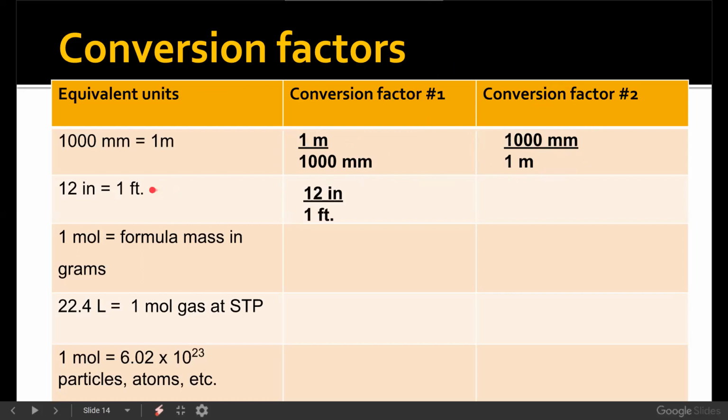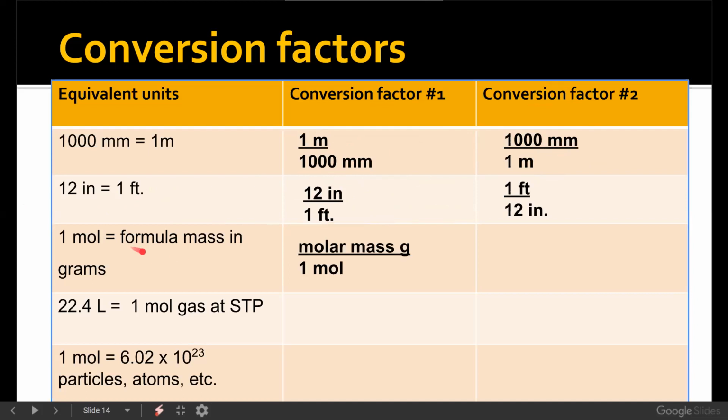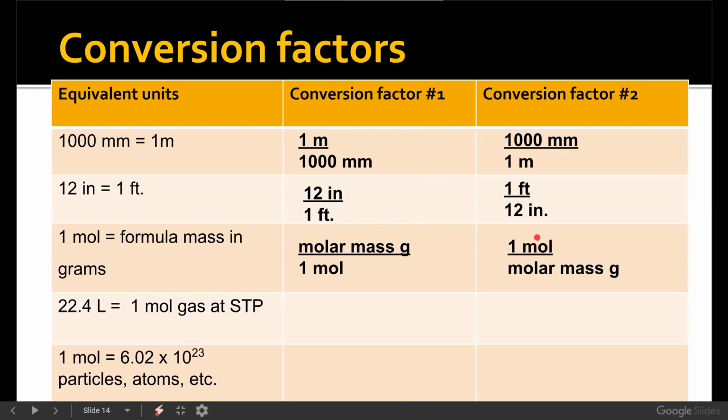Same thing with inches. You have 12 inches in a foot, and it doesn't matter how you write it because it equals the same thing. It's the same thing that happens with our molar mass, that number you find on the periodic table. 1 mole is equal to that molar mass, whatever it is. If it's hydrogen, it's 1.01, so 1 mole is equal to 1.01 grams of hydrogen, for example.